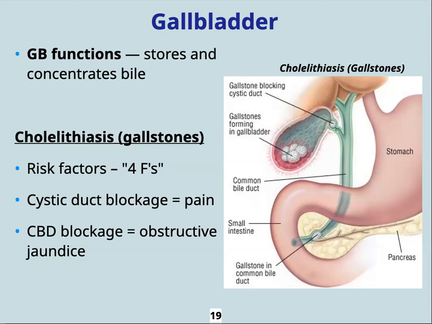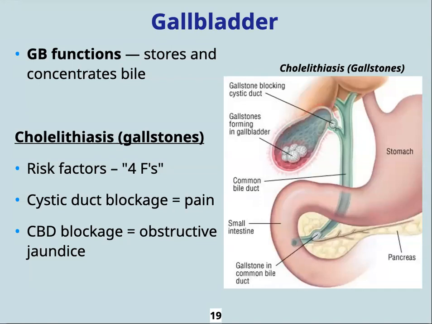And the commonly known 4F risk factors are female, so females at higher risk than males, fat, so especially obese patients, fertile, so patients who are pregnant, and 40, basically patients in mid-age.